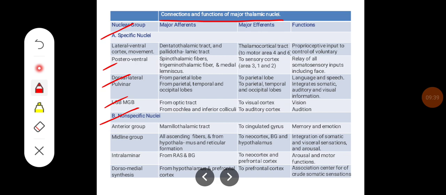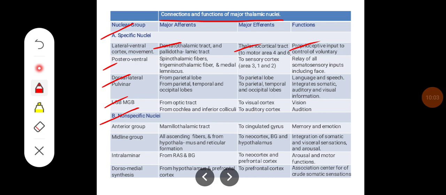The major afferents of the lateral ventral nucleus are the dentatothalamic tract and pallidothalamic tract, whereas it gives efferents to the thalamocortical tract, and mainly it has a proprioceptive input for the control of voluntary movements.